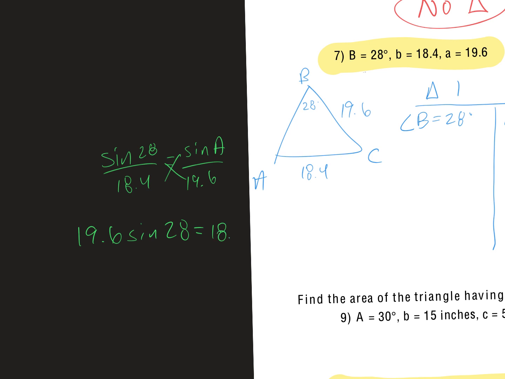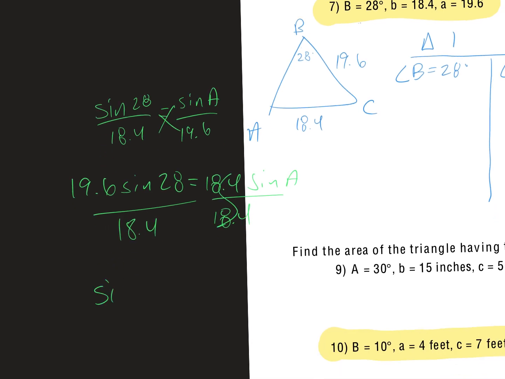So 18.4 times the sine of A divided by 18.4. So you come out with the sine of A, so 19.6 times sine 28, divided by 18.4.